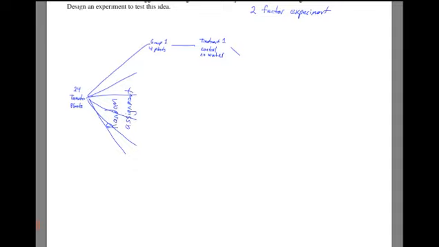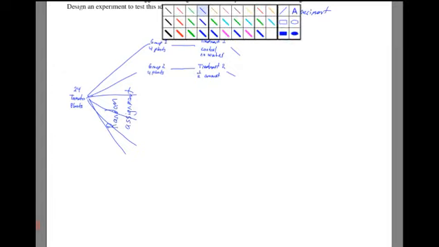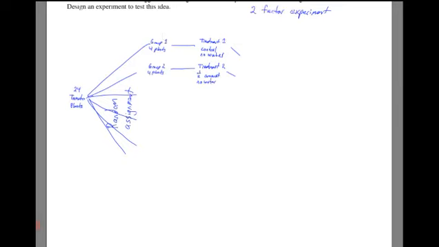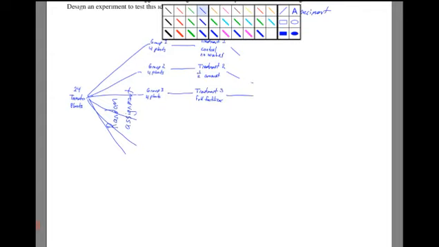Okay, group 2 will have half the amount of fertilizer and no water. Group 3 will also have 4 plants. You'll notice the trend, all these are going to have 4 plants. We'll have full fertilizer and no water.